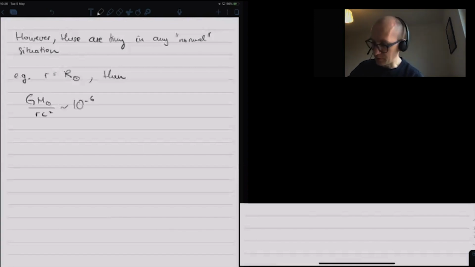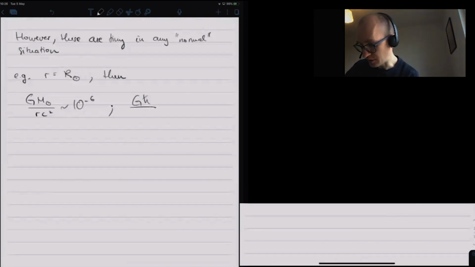But the more interesting bit, of course, the one that we focus on in the context of this course, is the second one, which is the quantum correction. This is of the order G h bar over r squared c cubed, and this is of the order 10 to the minus 88.